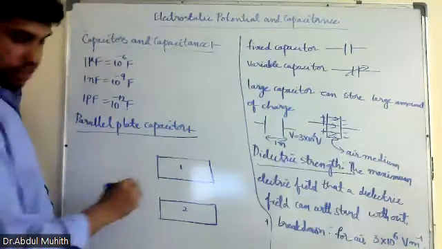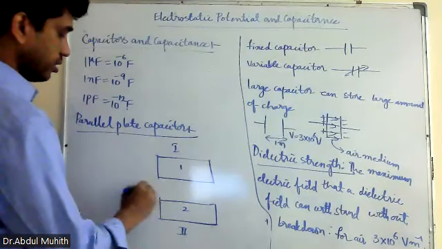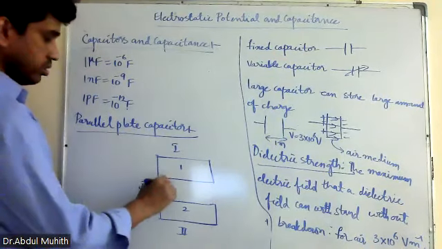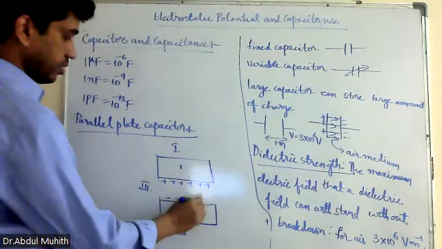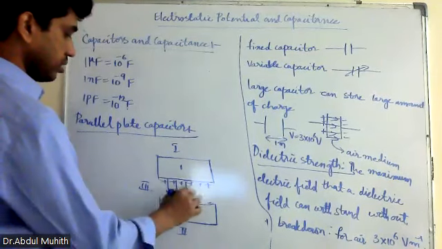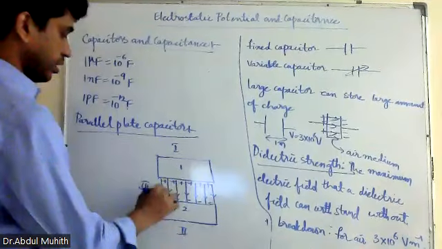This region is the first region, this is the second region, and this is the third region. Now we have the positive plate here, and this is the negative plate. Electric lines of force go down like this.